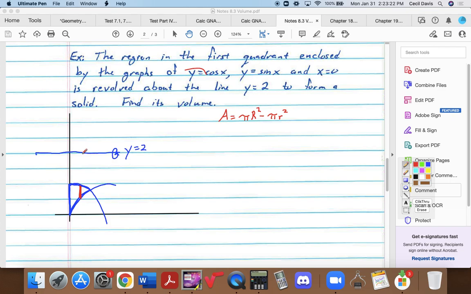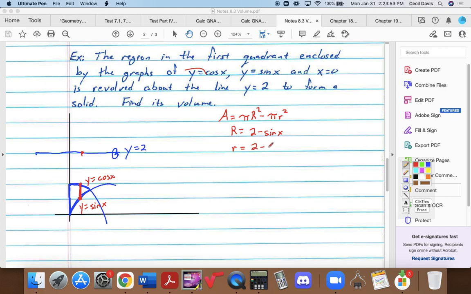The big radius is going to be the distance from the center all the way out to the outer edge, which was y is equal to sine of x. So big R is going to be 2 minus sine of x. And then the little radius will be the distance from here to the other curve, y is equal to cosine x.